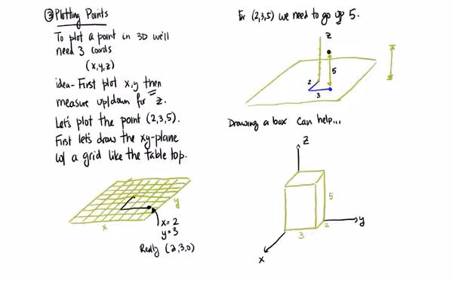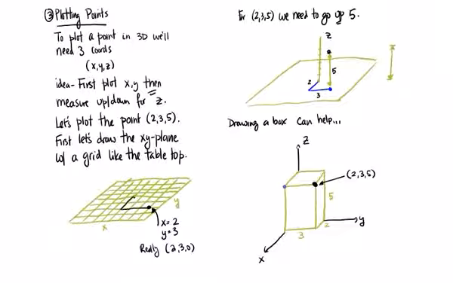So what that does is tell us where our point is. This point right here, that's our point of interest. This is 2, 3, 5. Now, for what it's worth, it can really help the perspective too. Let me draw some other points on there.